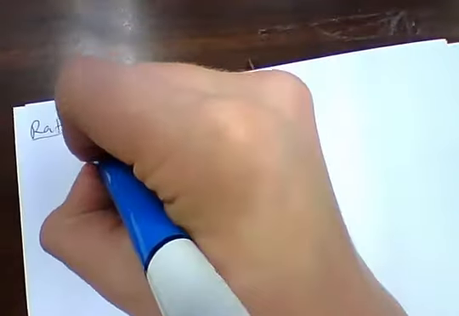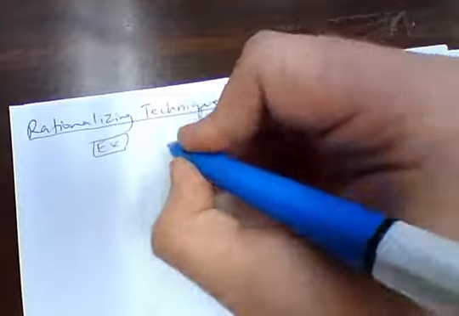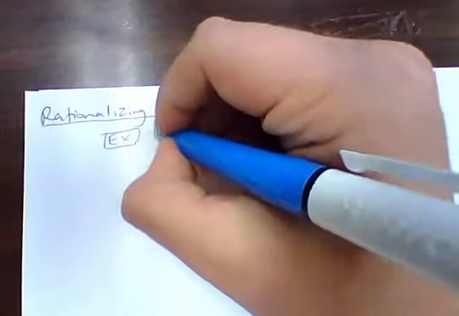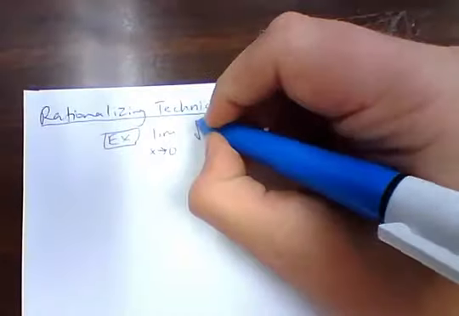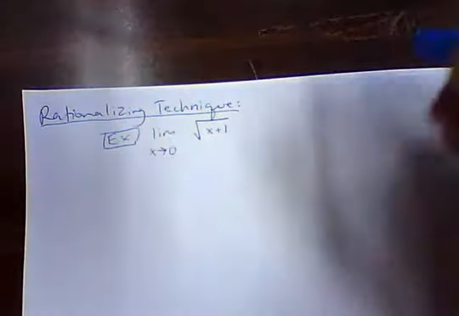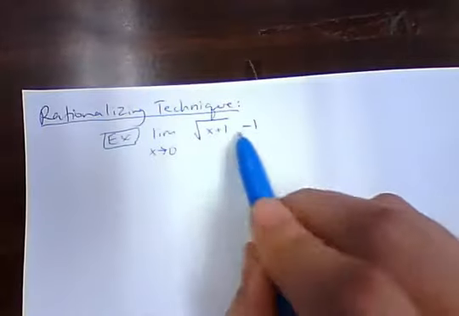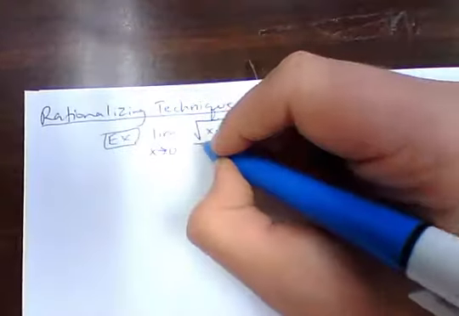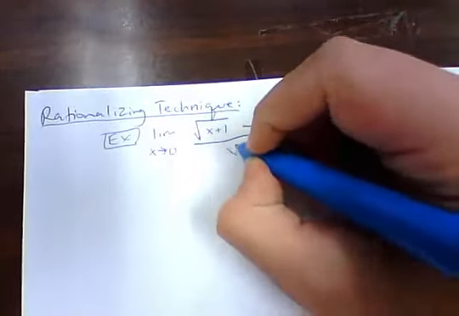Okay, so for example, say that we had the limit as x approaches 0 for the function the square root of x plus 1 minus 1. These are two separate things. This isn't all under the radical. All over x.